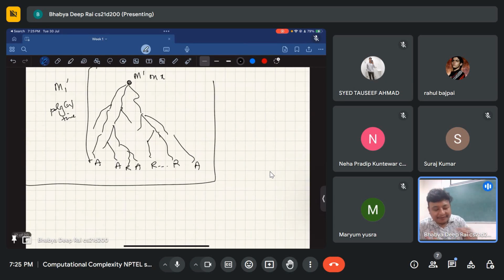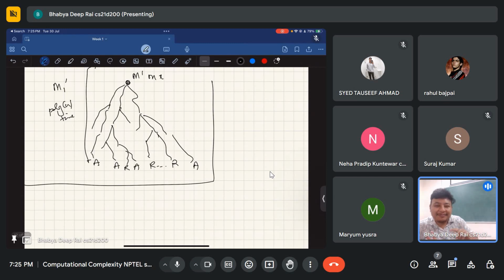Now, what does it mean that some of the paths accepted? It clearly means that X belongs to the language, right? Because even if there is one particular computation path where it accepts, we are good. M1 accepts X. Why?